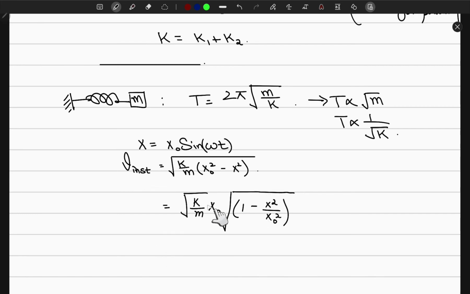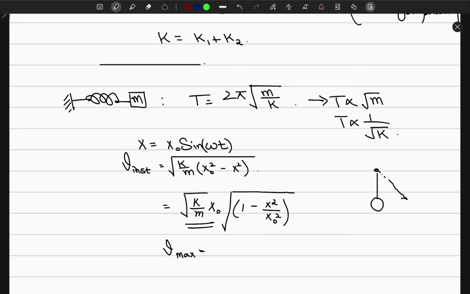Now, this factor over here is just the maximum velocity, right? Because this is the velocity at the mean position. So I can define this as the maximum velocity with which it's going to come back to its mean position. And why is it the maximum velocity, by the way? Suppose again that you have this bob and it's oscillating.